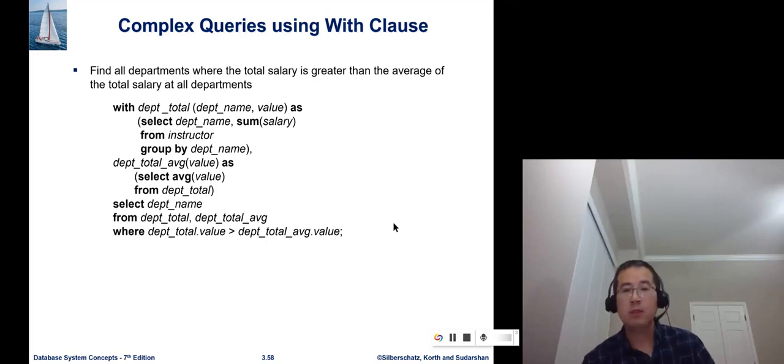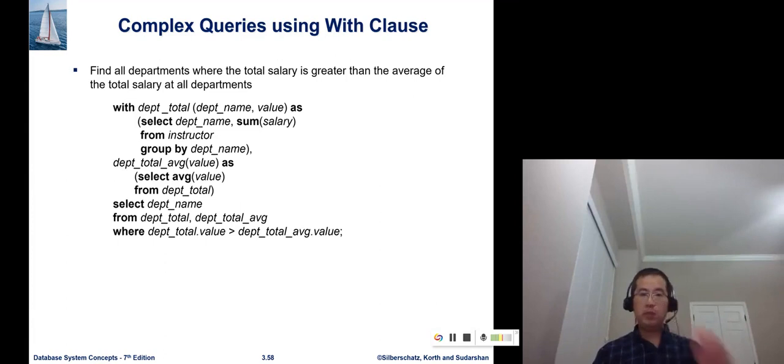So here we have complex queries using the with. The complicated thing is that we may have multiple queries within the with clause. You can find here we use a comma to separate two queries, and this is the reason we call it complicated. Let's look at the question. Find all departments where the total salary, that means the department's total salary, is greater than the average of the total salary at all departments.